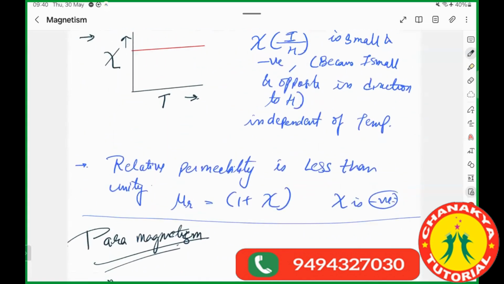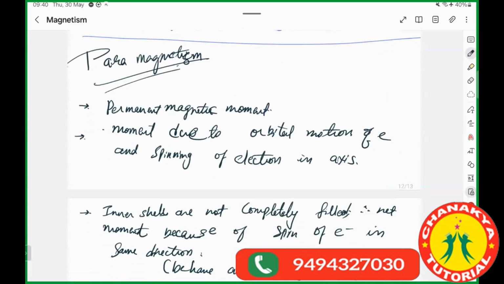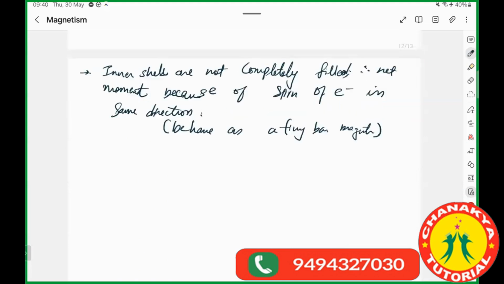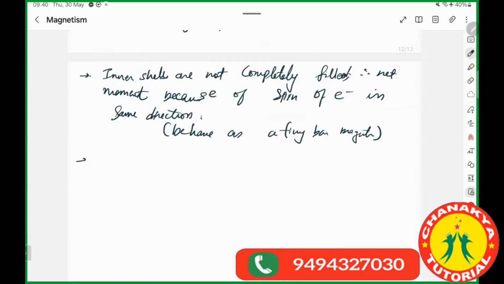When we place an external magnetic field, this atomic magnet, the tiny magnet we mentioned, aligns in the direction of the magnetic field. So they get aligned. Let's write about alignment.